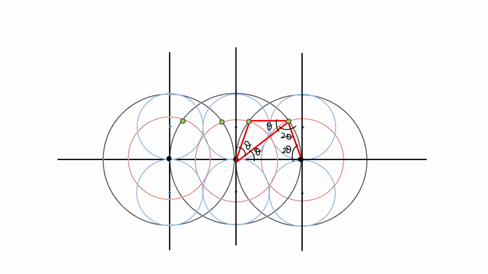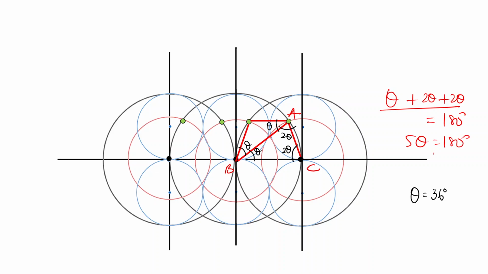Okay, so now let's look at this triangle ABC. I keep changing the names of my points. So ABC, theta plus 2 theta plus 2 theta is going to be 180 degrees, right? Because the sum of angles of a triangle is 180 degrees. So from here, you get 5 theta is equal to 180 degrees, and then your theta will turn out to be 36 degrees.